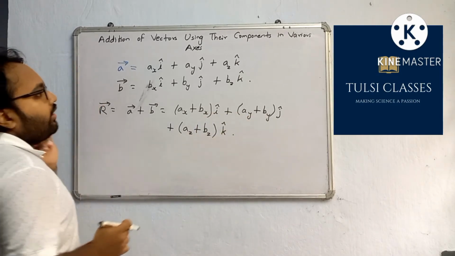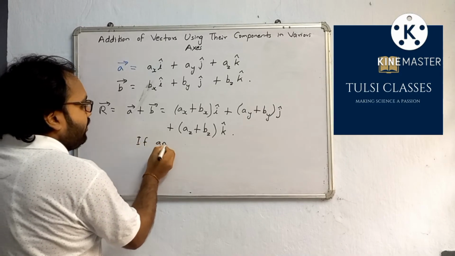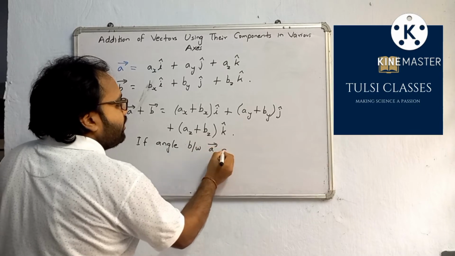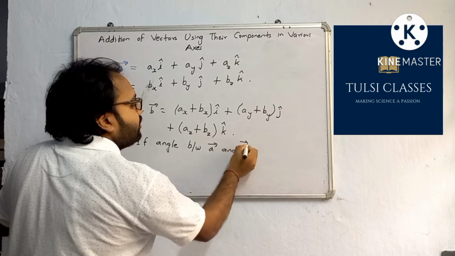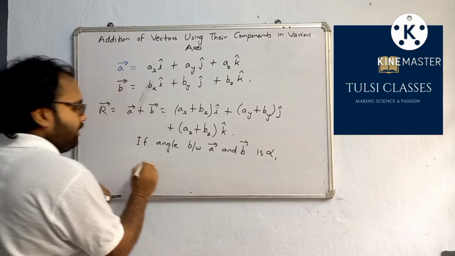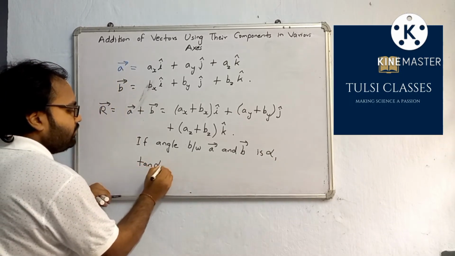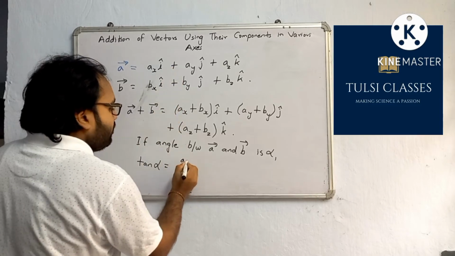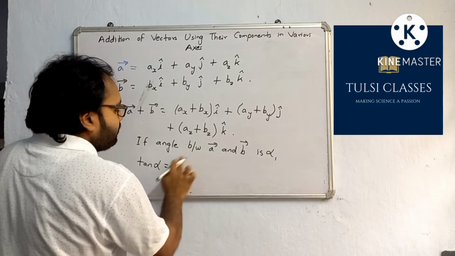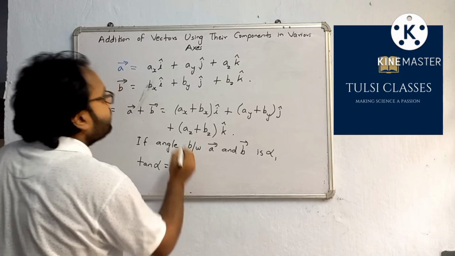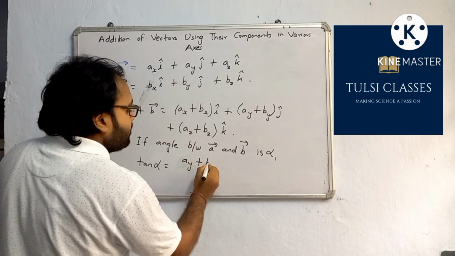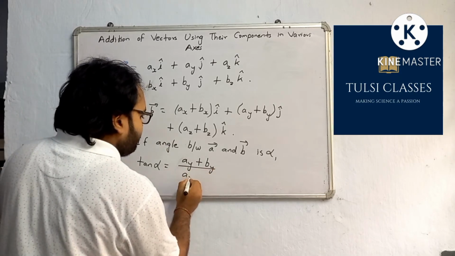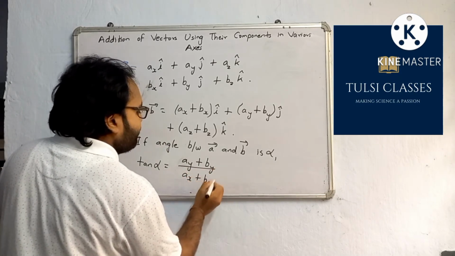Now talking about the angle, suppose the angle between vector A and vector B is alpha. What will be the value of tan alpha? Tan alpha will be equal to AY plus BY divided by AX plus BX.